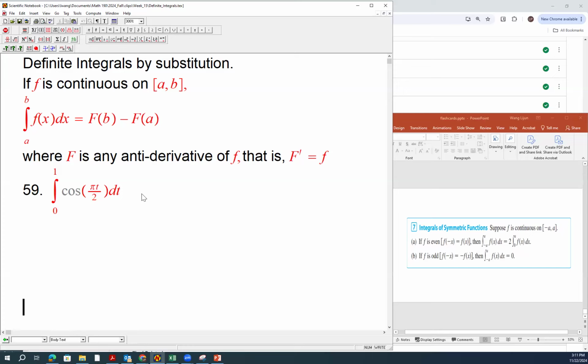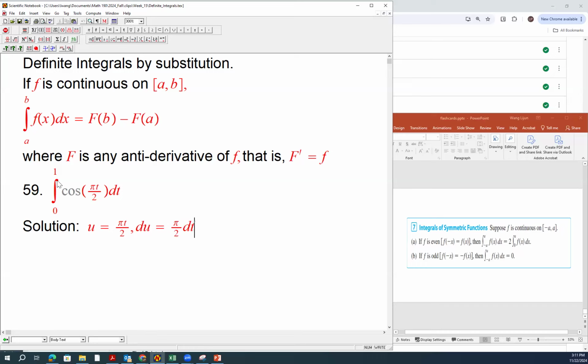Apparently, this is a definite integral. Okay, so let's put up a solution here. The substitution is going to be u equals pi times t divided by 2, and du will equal pi over 2 dt.